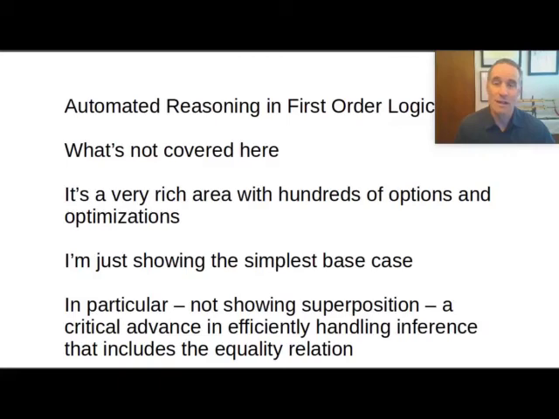But I'm not going to show any of its embellishments or enhancements. In particular, I'm not going to talk about superposition. And this was a big advance that allowed first-order reasoning to be done efficiently with equality. And it's hard to do without equality, so this was a big roadblock until the superposition algorithm and something called Knuth-Bendix ordering was discovered several decades ago and then subsequently implemented in the best provers.